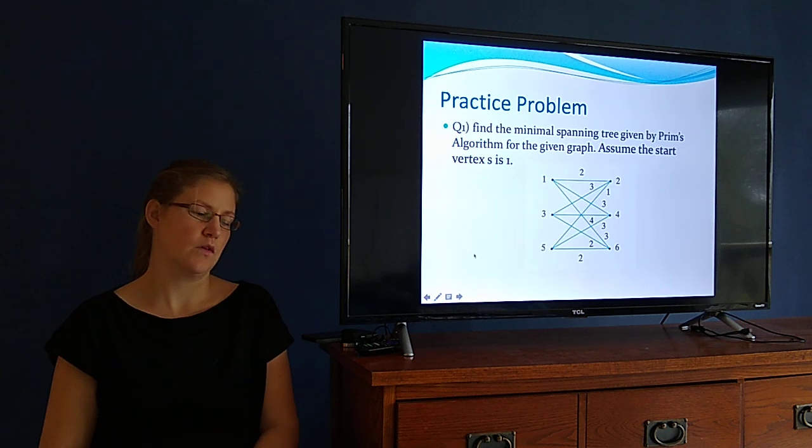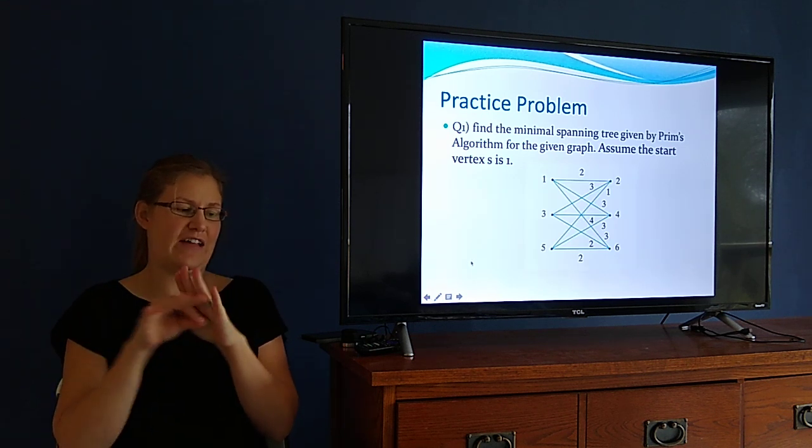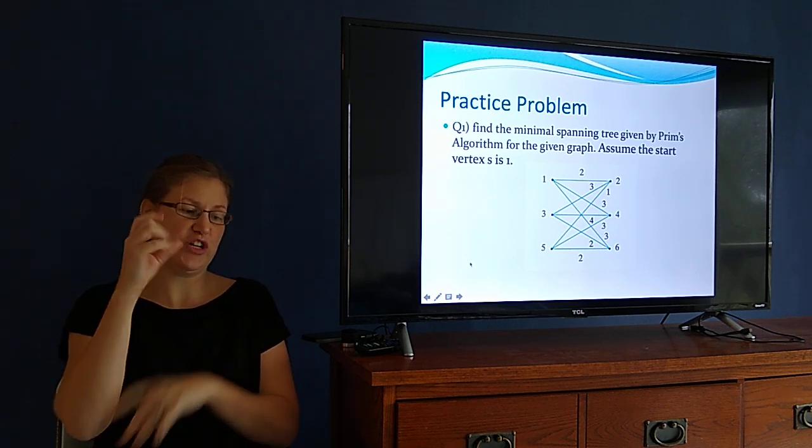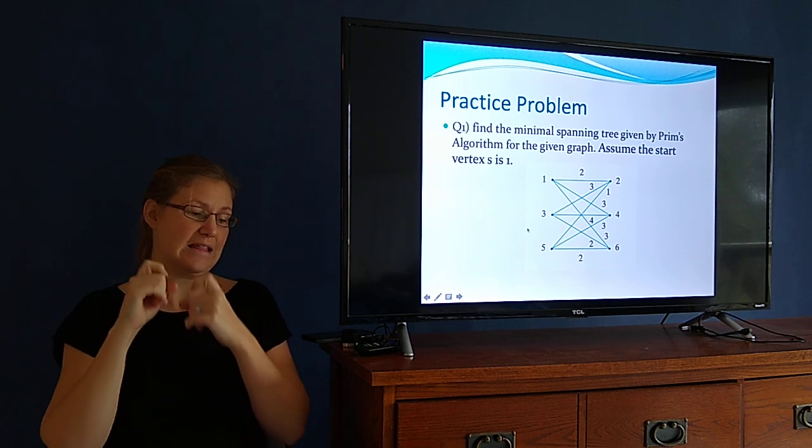Okay, so you have two practice problems. The first one: find the minimum spanning tree given by Prim's algorithm for the given graph. Assume the start vertex is 1.